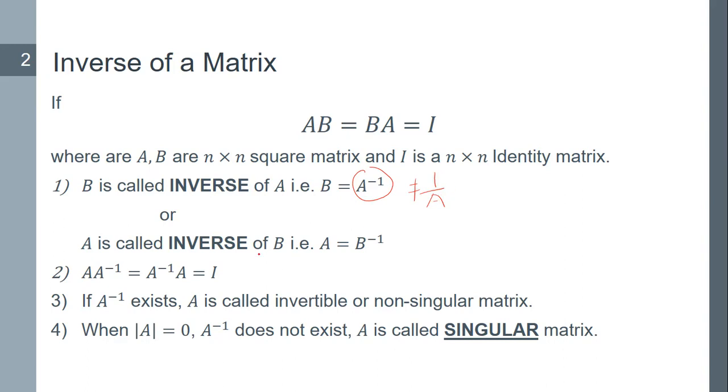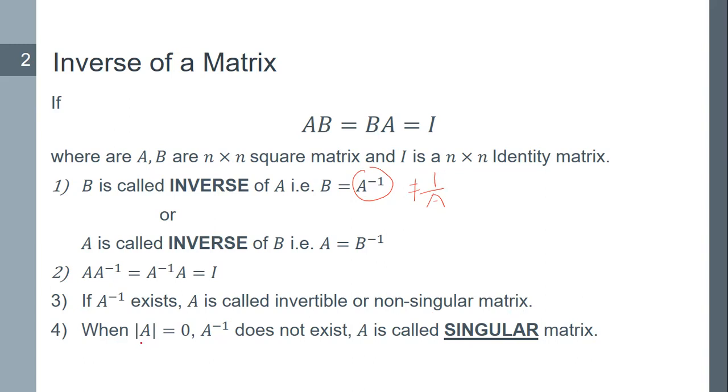Now let us change our B to become A inverse. Multiplying a matrix with its inverse, and the inverse with the matrix, will give you the identity. If your A inverse exists, we call A an invertible or non-singular matrix.